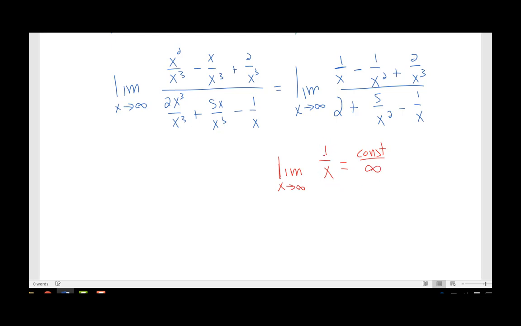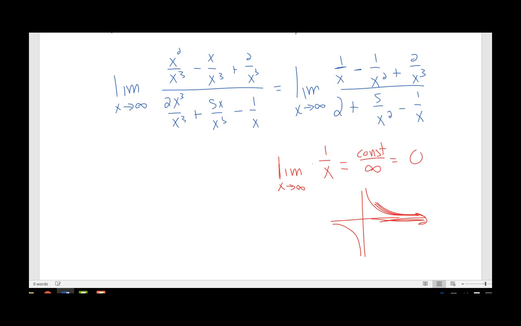Again, if I isolate the numerator, that's a constant. The denominator goes to infinity here. So a constant over infinity goes to 0. If we think of the graph of 1 over x, it looks something like this. As we go out to infinity, we can see the graph going down to 0.